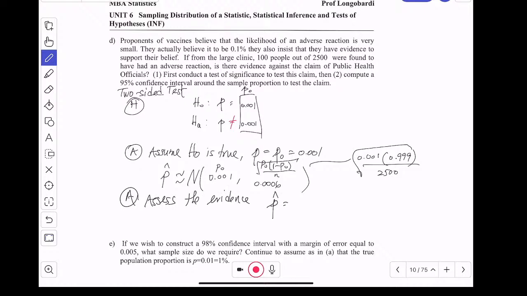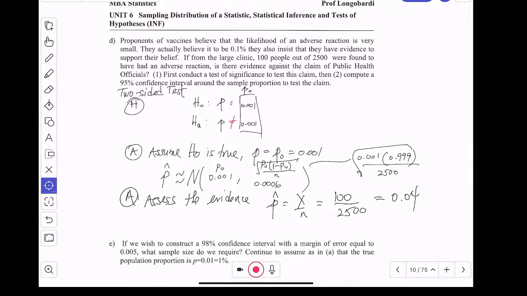P hat from the sample is X over N. And we found out 100 people out of 2500 were found to have an adverse event. It's 0.04.